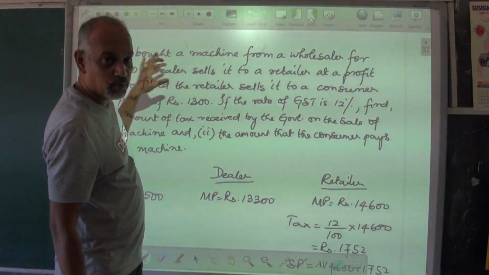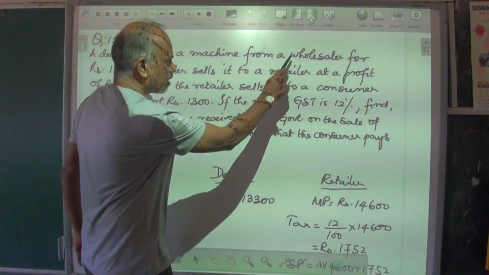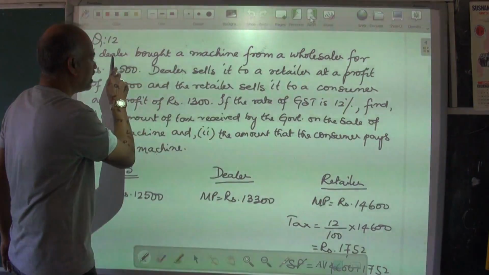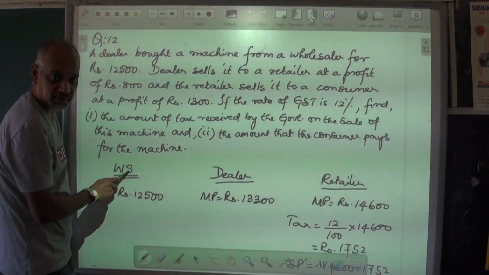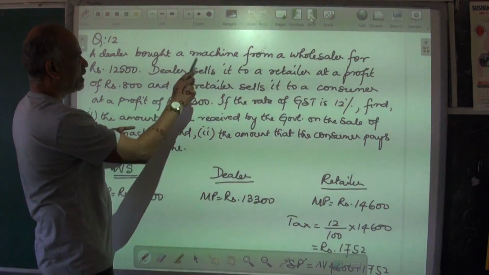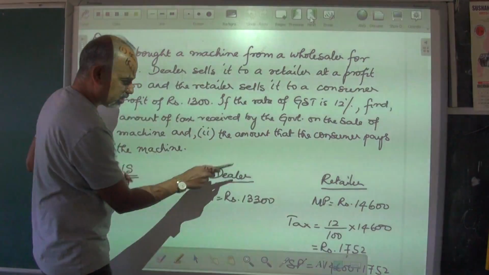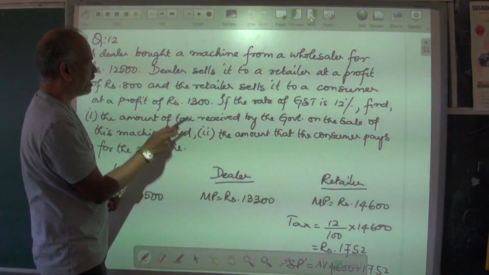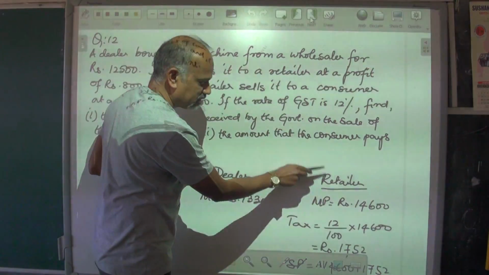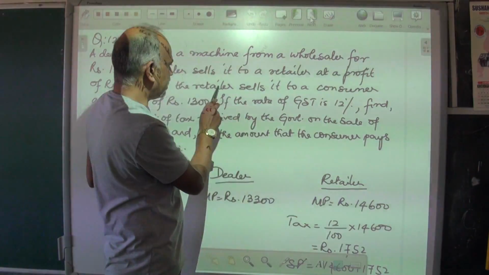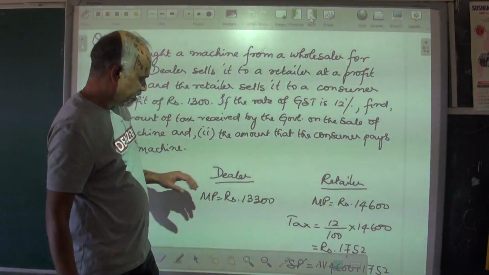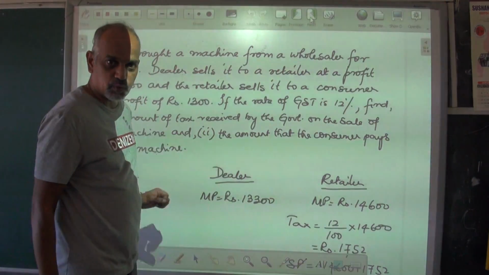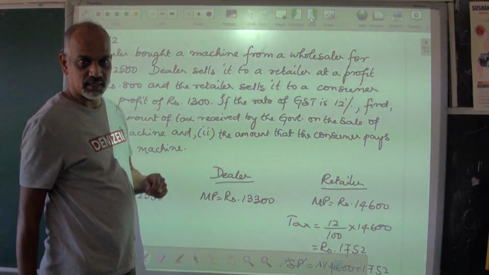So the people involved here: the first one is the wholesaler, WS, which I've written, because the dealer buys it from the wholesaler. The dealer buys it from the wholesaler, so the second person is the dealer. The dealer sells it to a retailer, so the third person is the retailer, and the retailer sells it to the consumer. I have not written the consumer.